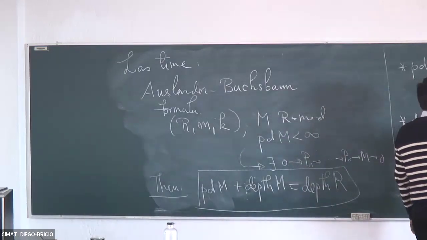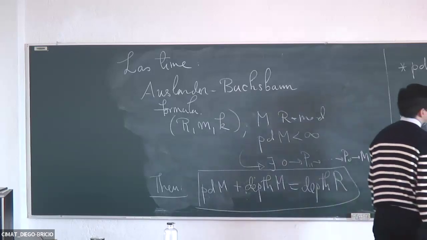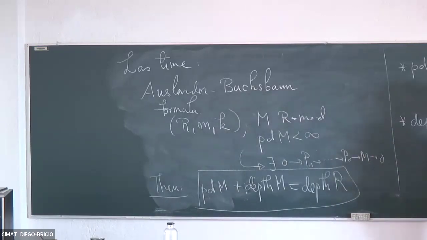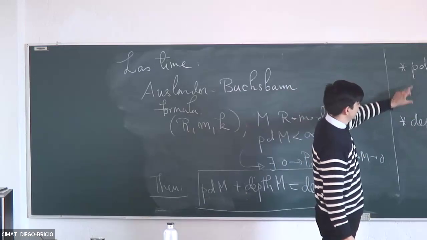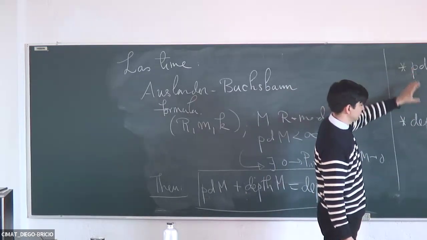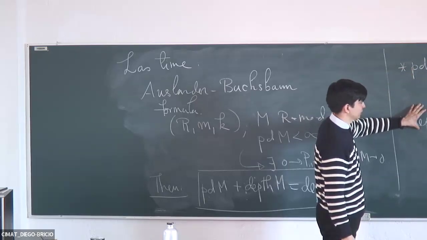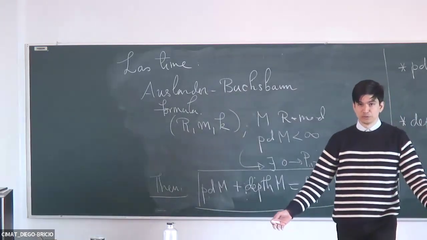It's going to be not the supremum, but the minimum of all the i's such that Ext^i of k comma N is not zero. Again, these two numbers have very nice conceptual interpretations. This one in terms of resolutions and this one in terms of regular sequences. But they can be computed by this formula, which is very useful.